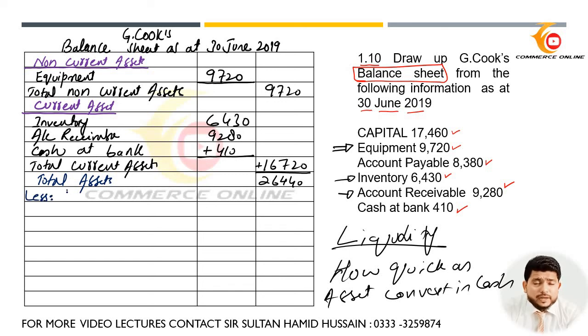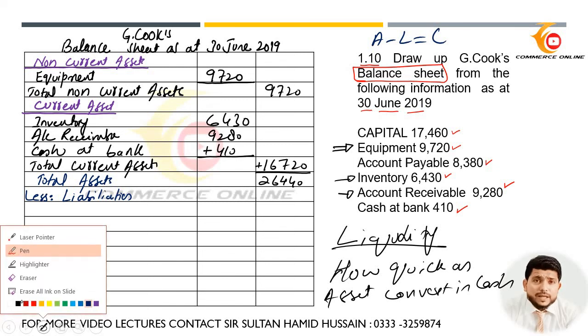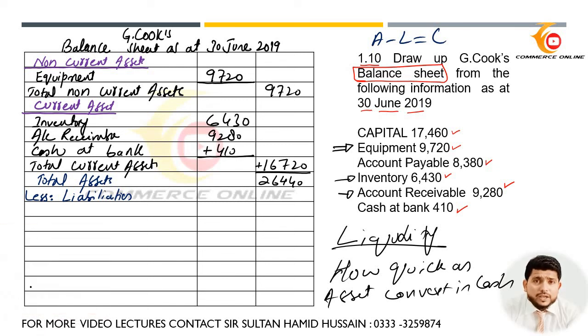After total assets, I will write less liabilities. As I have mentioned earlier, when you subtract liabilities from assets you will get capital. Here, account payable is my only liability, so I will write account payable, that is 8,380.